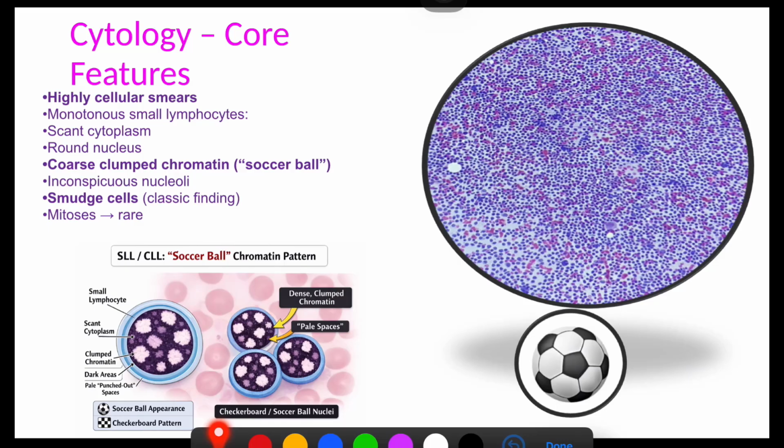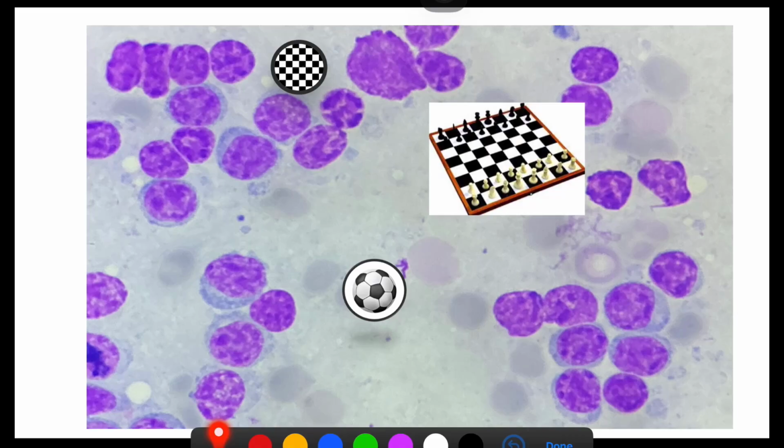So, here you can see small lymphocytes having clumped chromatin where some light and dark areas are present, resembling this soccer ball. So, this is the characteristic checkerboard or soccer ball nuclear pattern seen in this, and there are smudge cells, and mitoses are rare. So, here in this Giemsa stain slide you can see the soccer ball or checkerboard pattern, alternating dark and light areas in most of the cells.